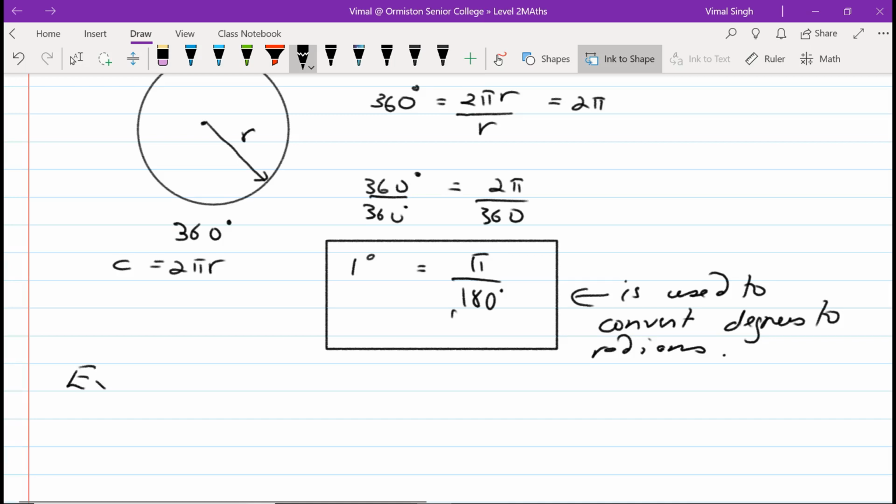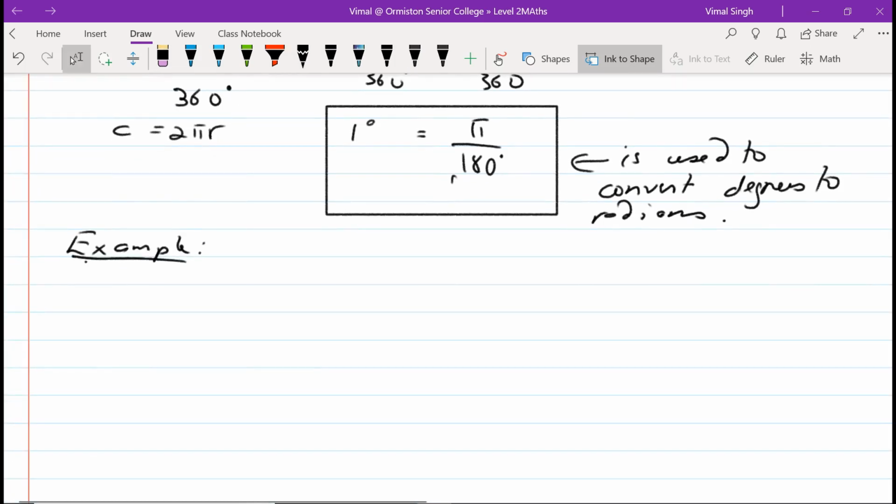So for example, if I wanted to convert 35 degrees to radians, what I'm going to do is go 35 degrees times pi divided by 180, which will give me the answer.